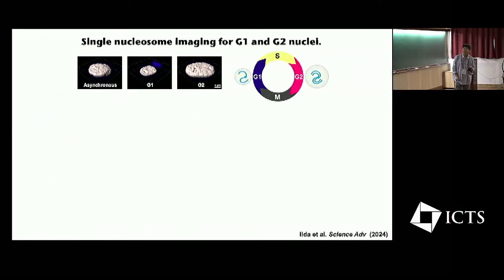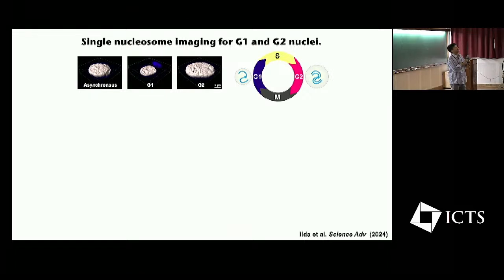Then we looked at the nucleosome motion during the interphase cell cycle, from G1, S, and G2. As you may know, during interphase, genome DNA doubles and the nucleus becomes larger, like this.